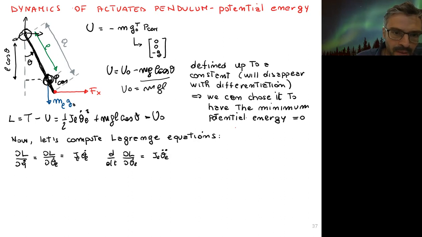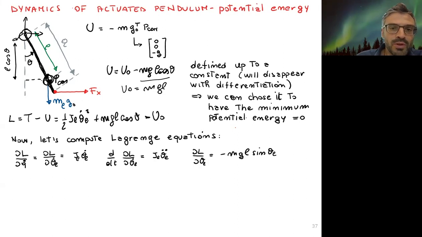Then we differentiate again with respect to time, so it becomes JL theta L double dot. And then we do also the partial derivative with respect to theta L, which is, because of the cosine, minus sine, mgL sine of theta L. And we see that in the differentiation, the U0 term that is constant disappears.